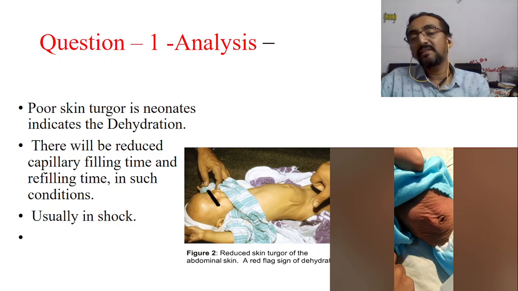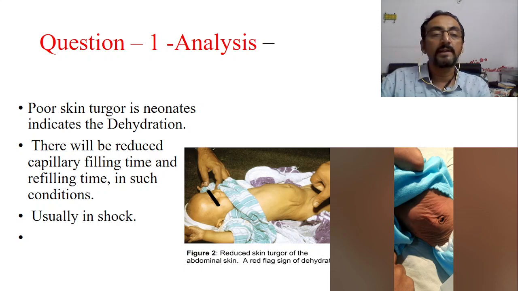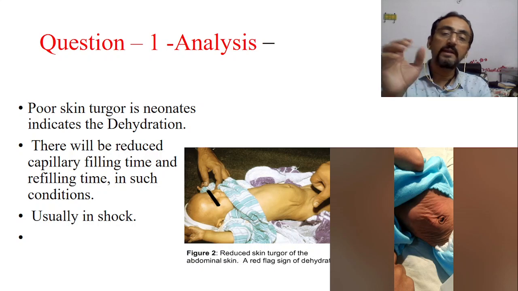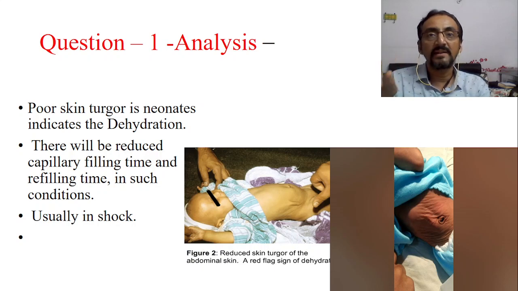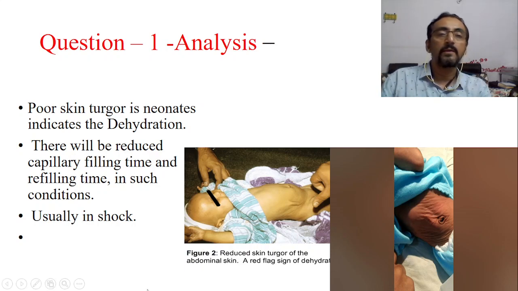You can see in these two pictures where it is very clear. So usually such a poor skin turgor is suggestive of shock. The child is impending towards a shock because we have dehydration, there is water loss, fluid loss, and in every condition the child may go into hypovolemic shock. So this is one of the questions.